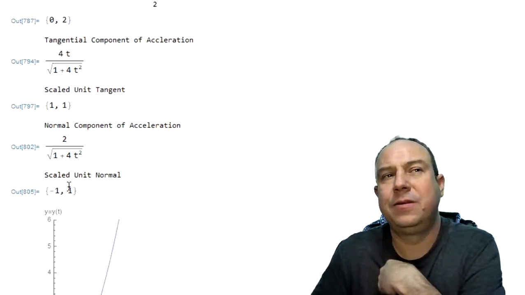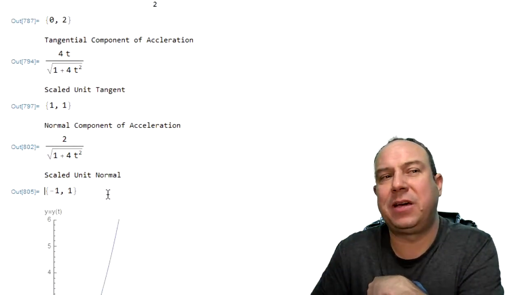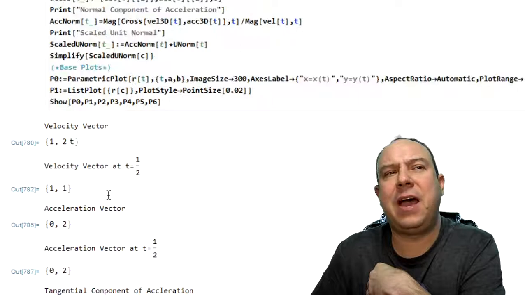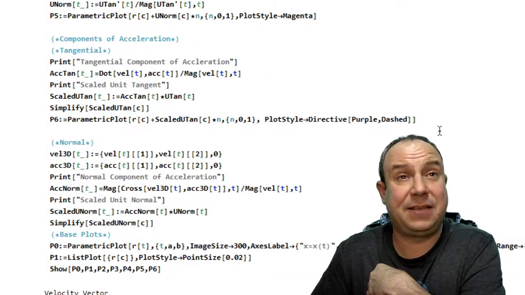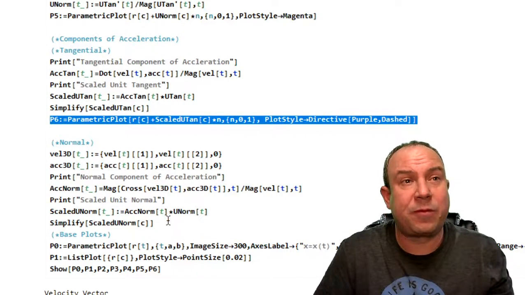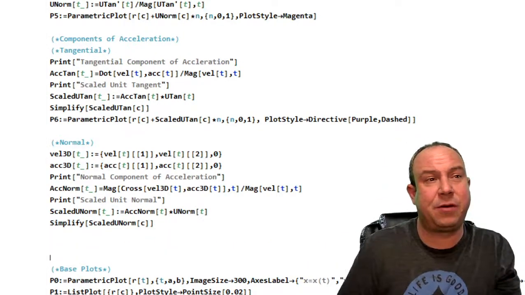All right. Certainly look how much simpler that becomes. Right? Where if we now plot that, it's going to be plotted similar to P6, but for brevity's sake, I'm going to copy and paste this over and make my changes.